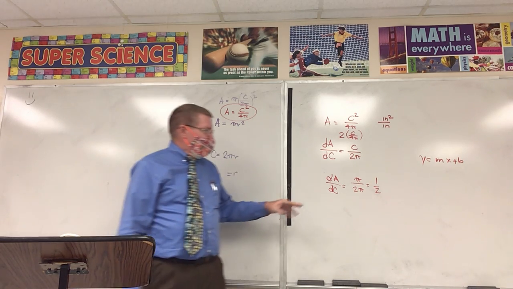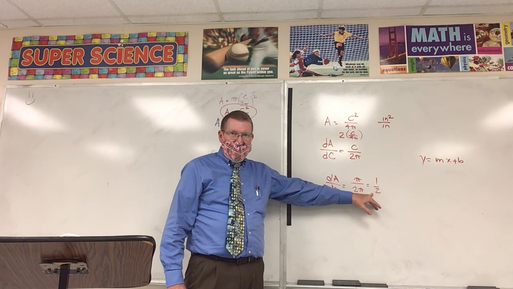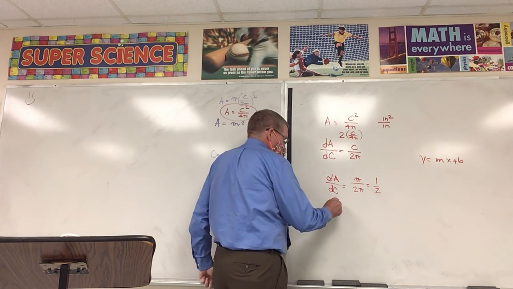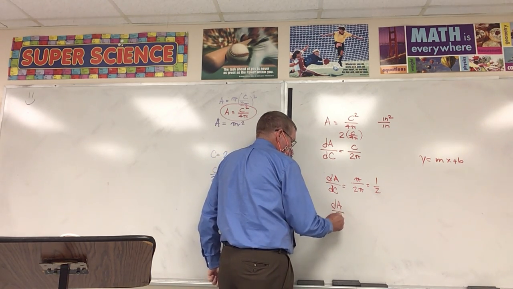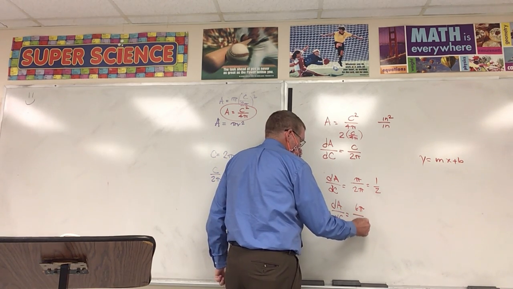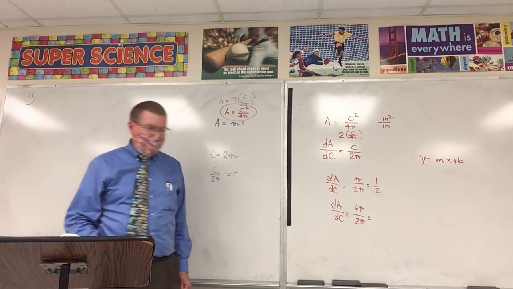So when my circumference is pi, my area is 1/2. When my circumference is 6 pi, my area is 3.